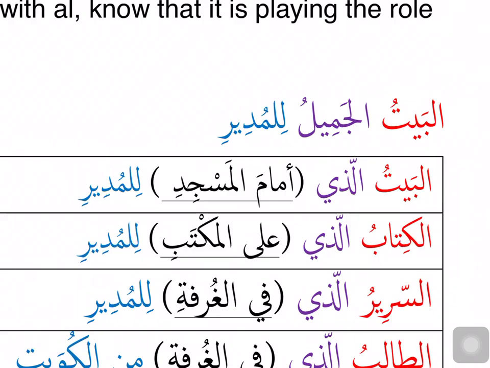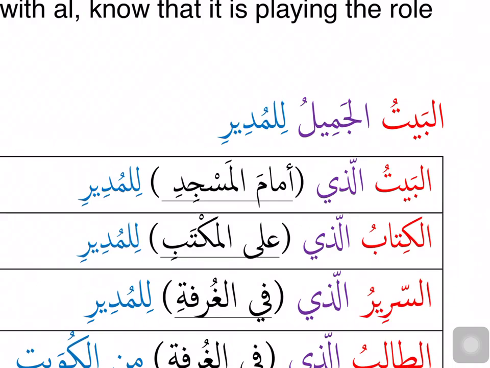What you do is, when you see the ism mawsul, look at the word before it. Does that word have an al? A relative noun that follows a noun with al is playing the role of sifa.